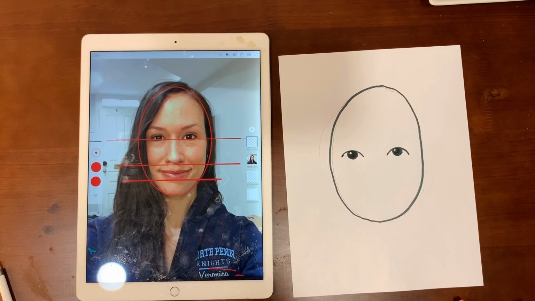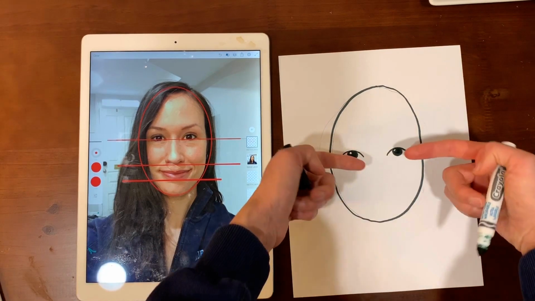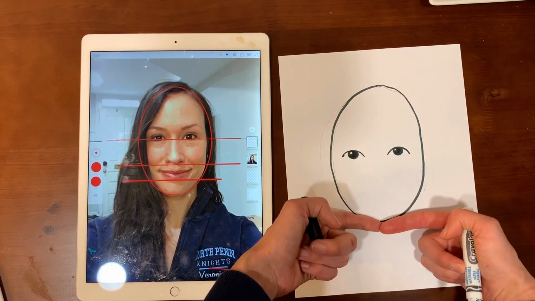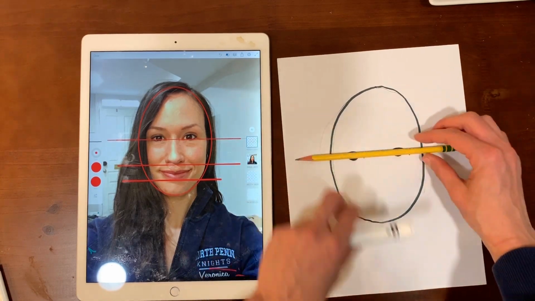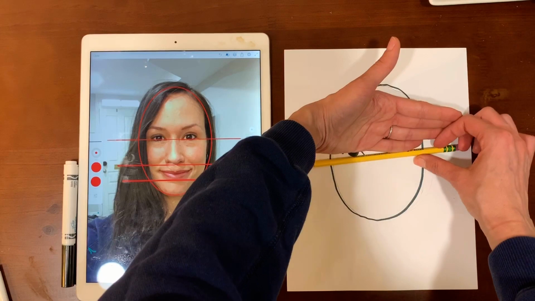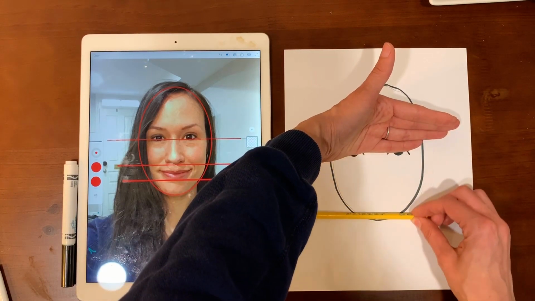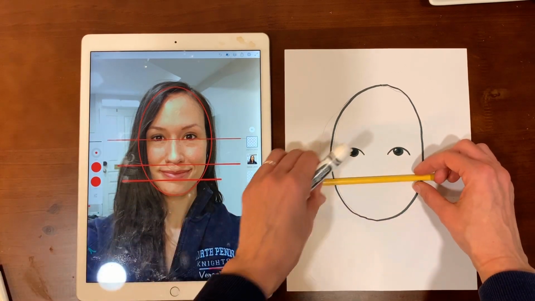Now the next step is to put the nose on here. The nose, like we said before, is about halfway between the eyes and the chin. So again, I'm going to use my marker or a pencil to find the halfway point. Halfway between the eyes here and the bottom of the face would be about here. That's where I would put the bottom of my nose.